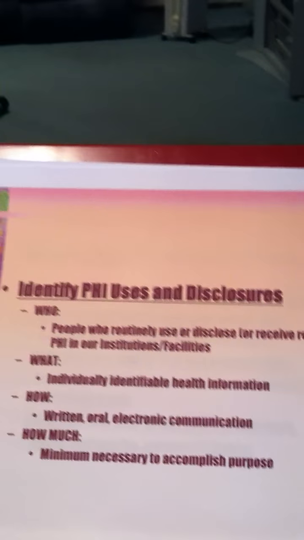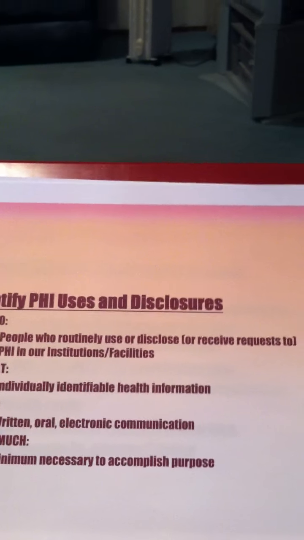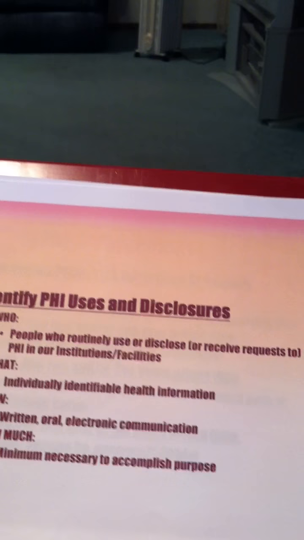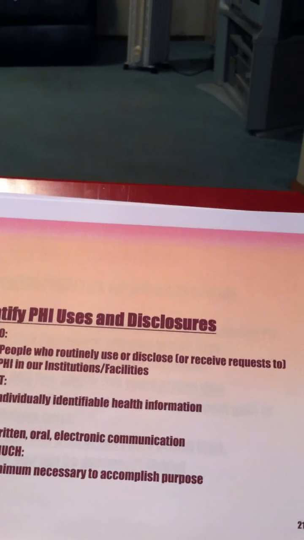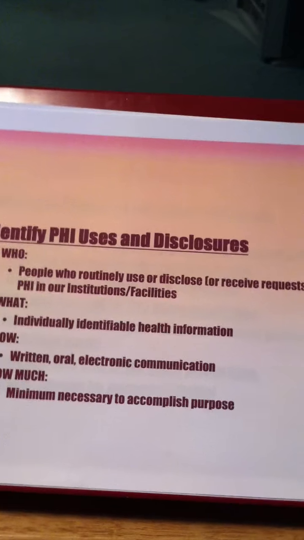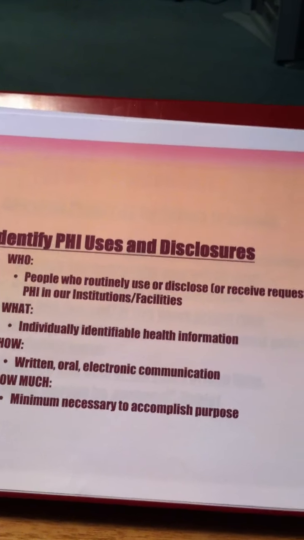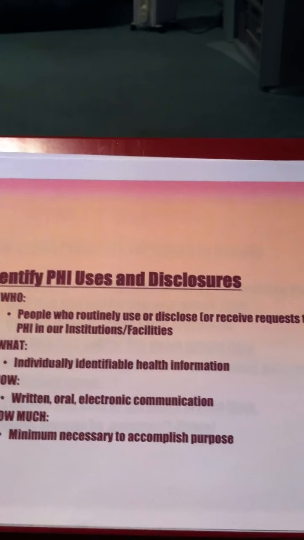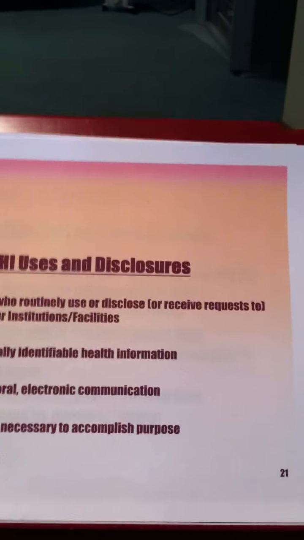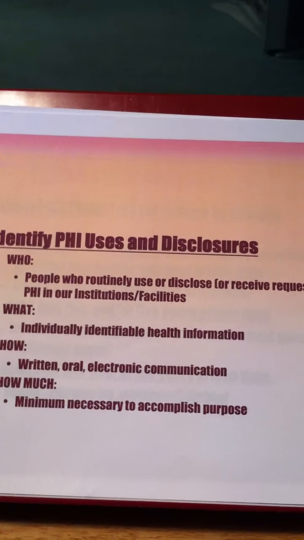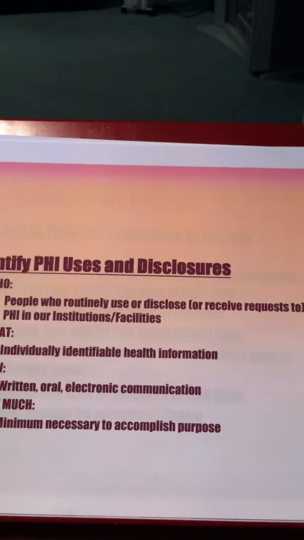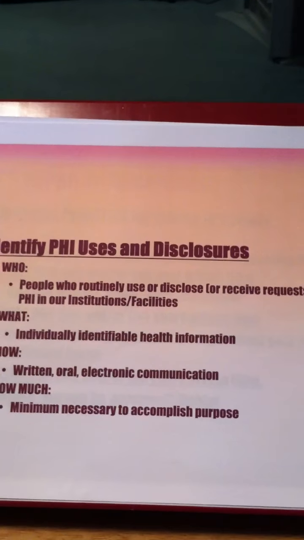Identify protected health information uses and disclosures. Who? People who routinely use or disclose or receive requests for protected health information in our facility, such as an RHIT or someone who works in medical records and receives requests for medical records release.